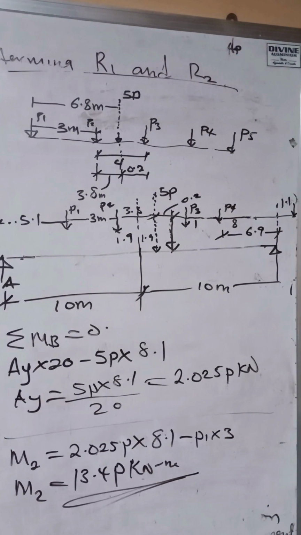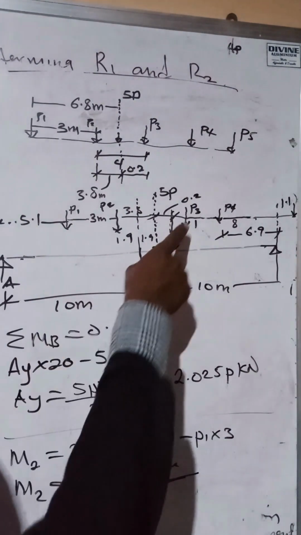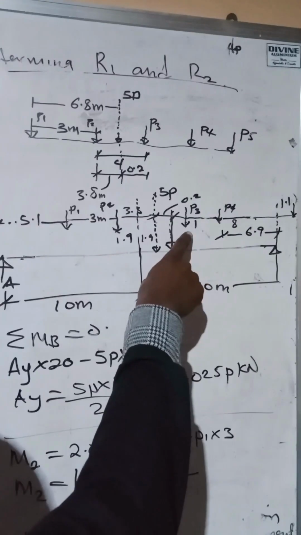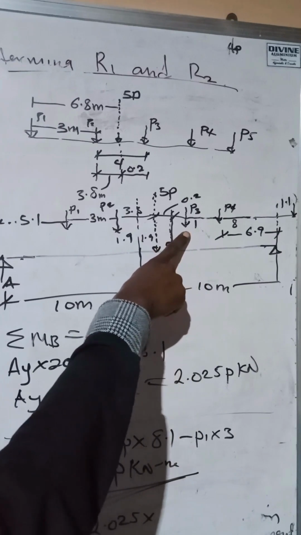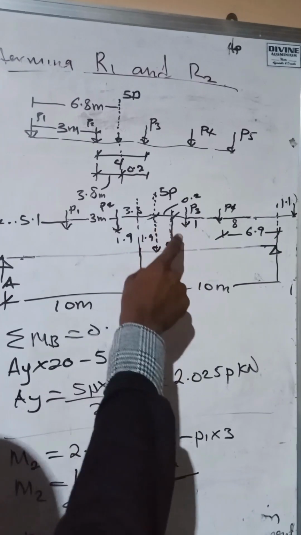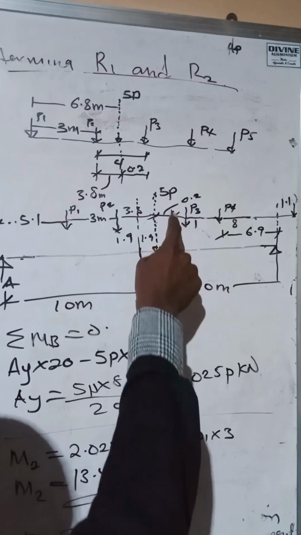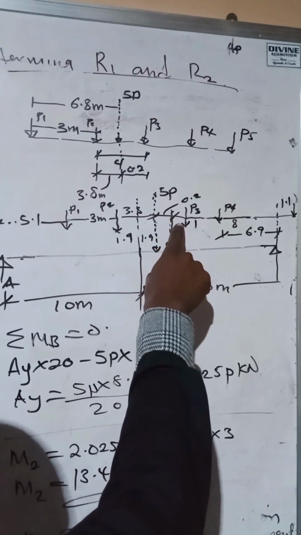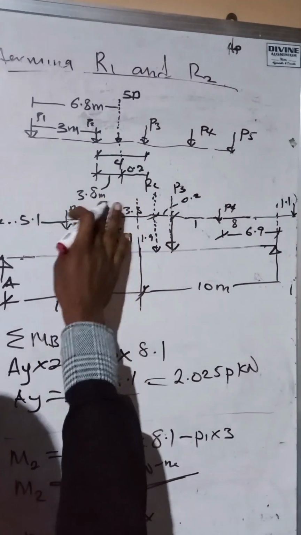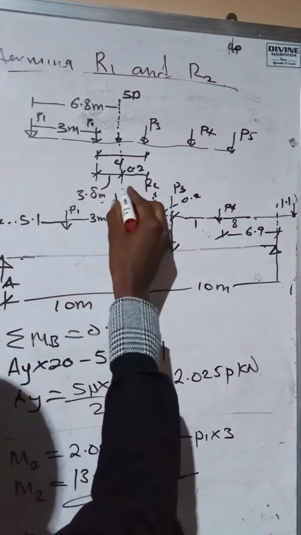We can similarly determine the moment at point 3. Moment at point 3 becomes equal to 2.025 times the distance to point 3. What is the distance to point 3? Let's draw carefully so that we can see it clearly.